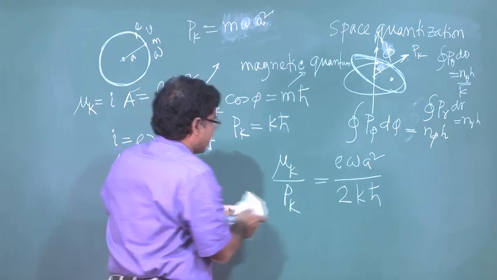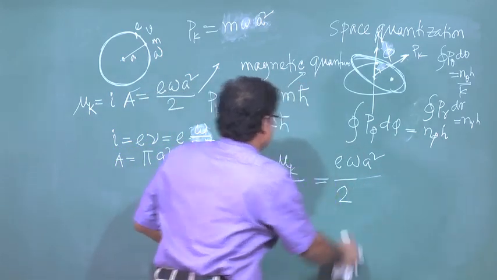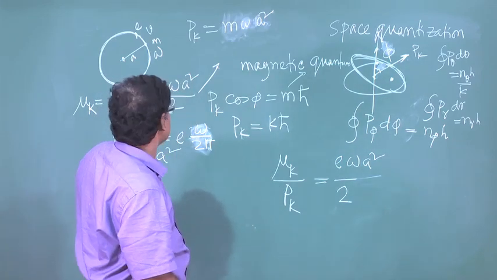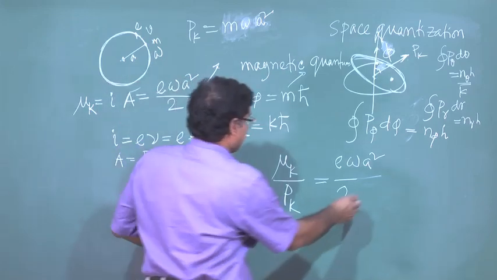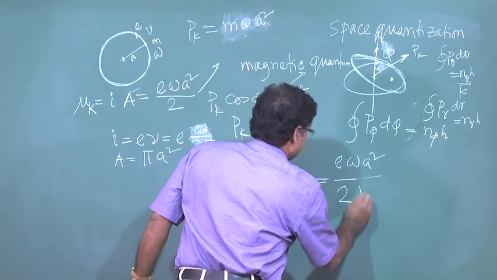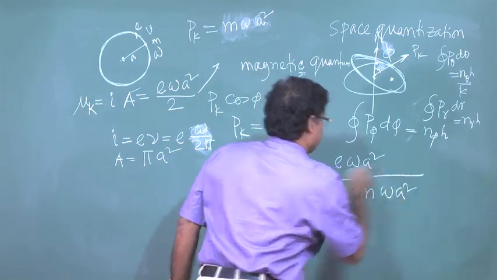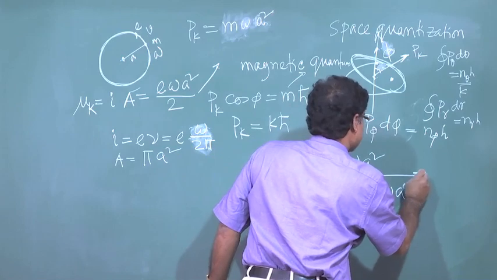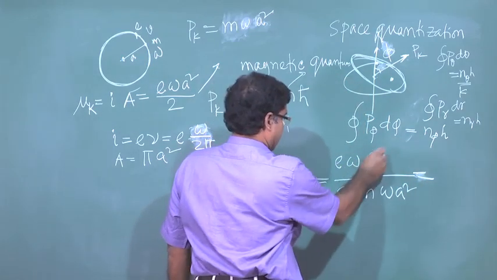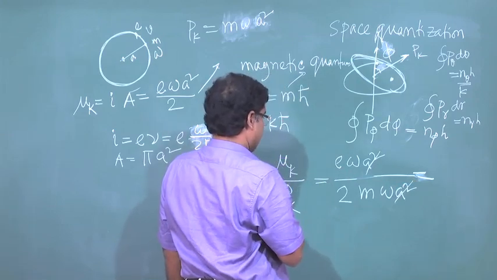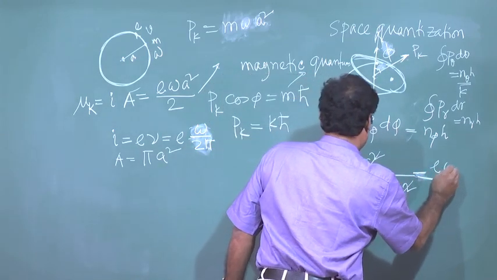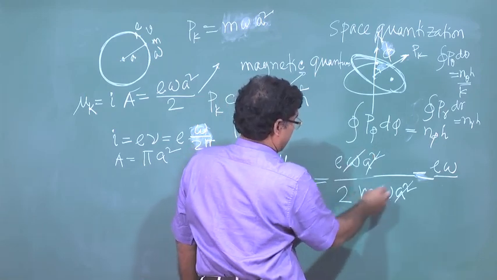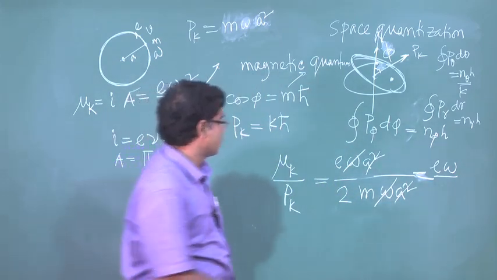So, a square will go, and I will get e omega by omega also will go, so I will get e by 2m.